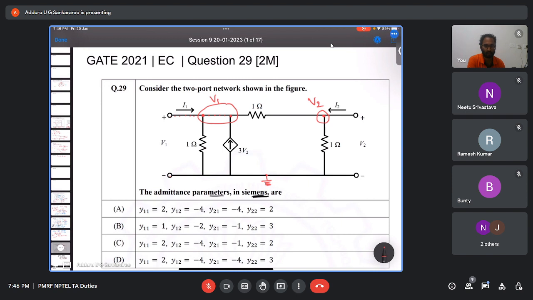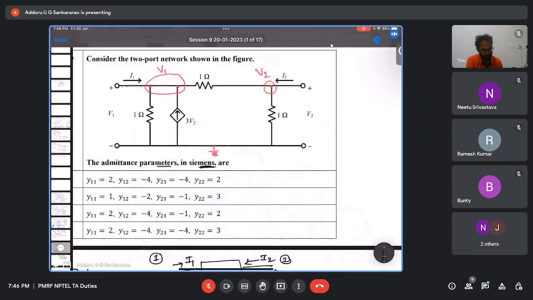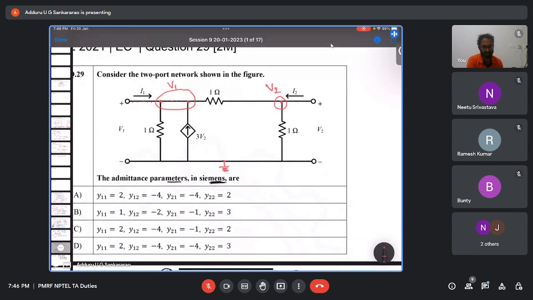So at node 1, can I apply a nodal equation? Can somebody tell me what we can apply at node 1? Here let us say I'm keeping this V1 and this V2, then it will be easy.